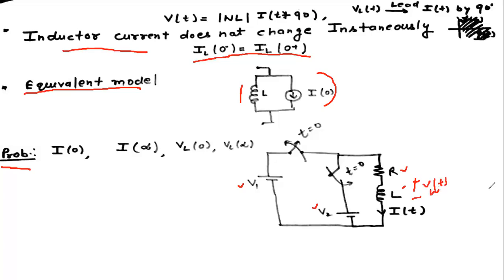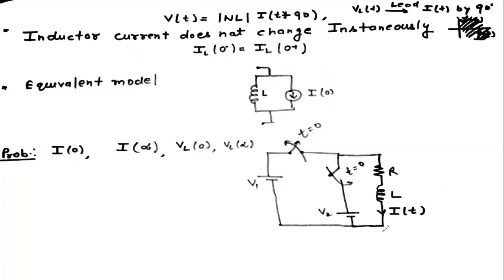Again, find the values in the switching condition: i(0), i(infinity), vL(0) and vL(infinity). What is the switching condition? This switch is off at t equal to 0, while this one is closed at t equal to 0. Now I am just clearing my drawing, wait.